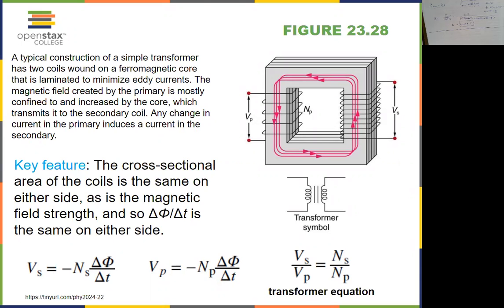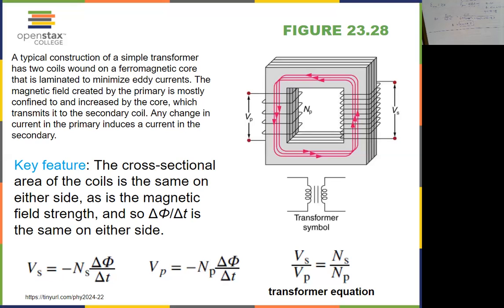From the first equation, Vs over Ns is equal to minus delta phi over delta t, and from the second equation, Vp over Np is equal to minus delta phi over delta t.